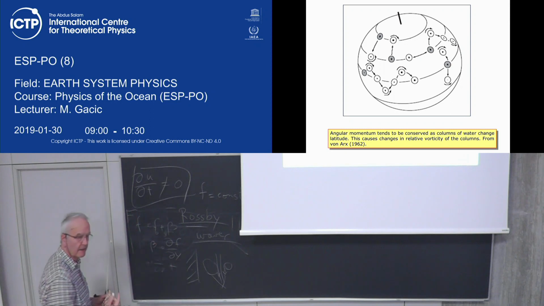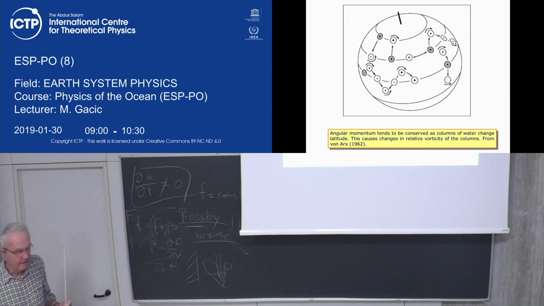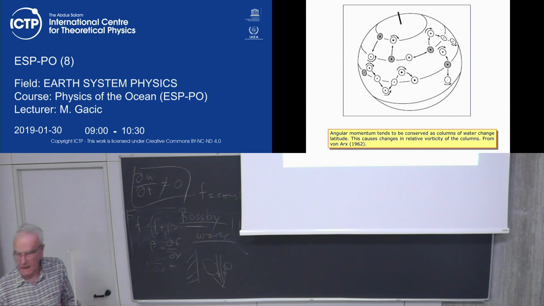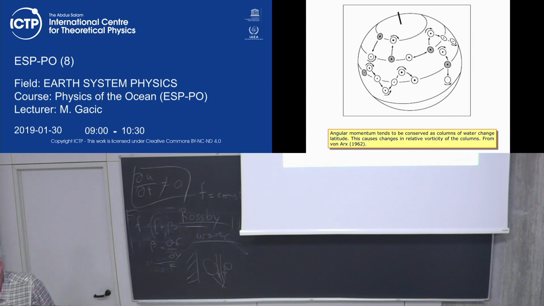So in the first approximation we assume the north-south variability of F as a value of F at a certain latitude plus its variability north-south. Okay, so this is just that we kept the first term of the Taylor development of the Coriolis parameter.